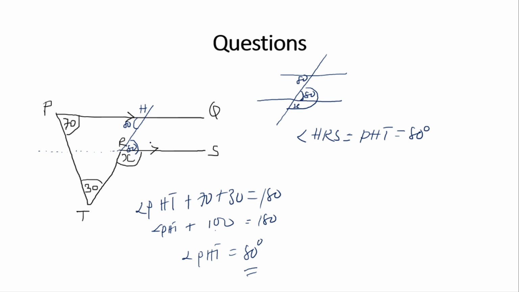So now, knowing this to be 80, 80 plus x should be up to 180 degrees. So 80 plus x equals 180 degrees. Now x equals 180 minus 80. x equals 100 degrees. So guys, it's very simple to find this, isn't it?